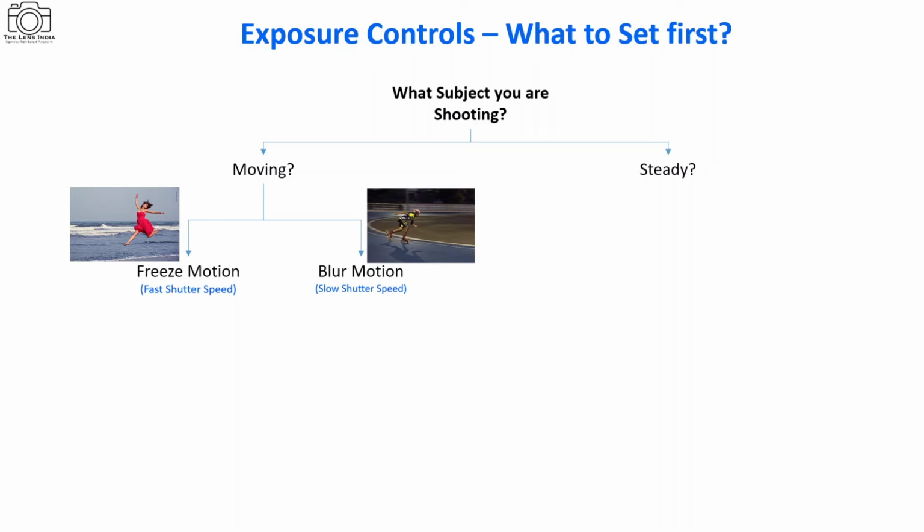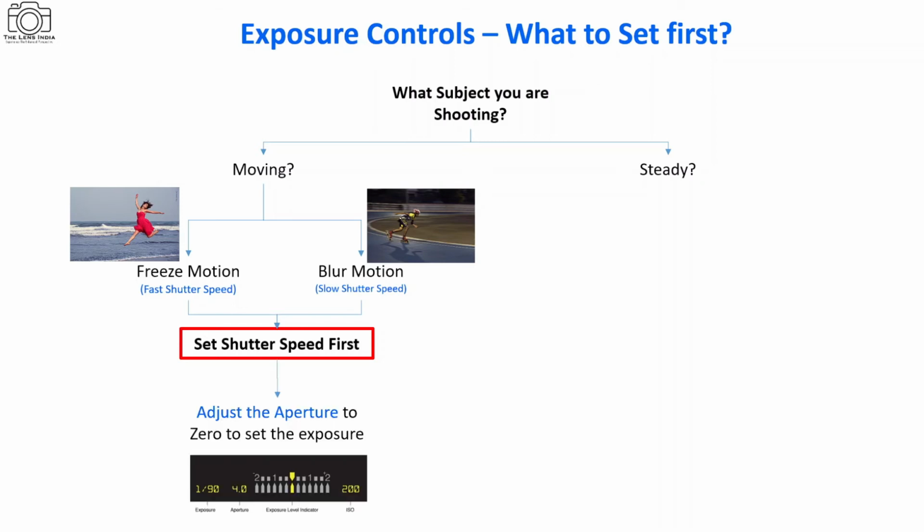For that, if you decide that you want to freeze the motion, you need to select your shutter speed with the faster shutter speeds. If you want to blur the motion, you need to select lower shutter speeds. Okay. So what we are saying here is that set the shutter speed first, right?